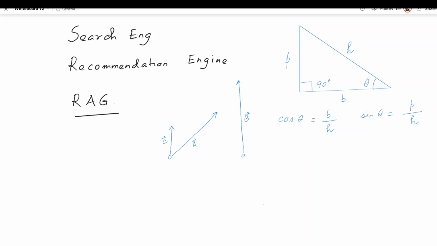Now, when we convert these words into a vector array, they become a list of such values, right?